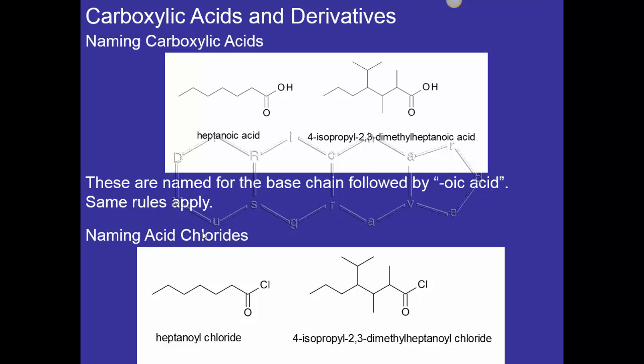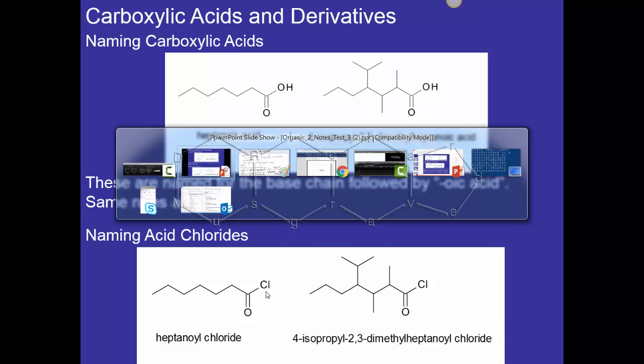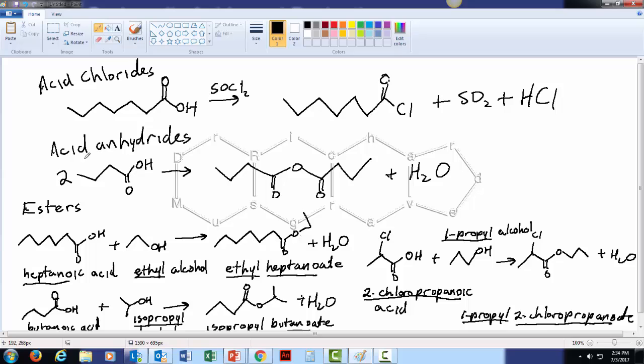Acid chlorides are usually made from carboxylic acids, and they are named for the carboxylic acids from which they are made. Just to show you an example, this particular acid, this is a heptanoic acid, can be treated with SOCl2 to produce this particular acid chloride.